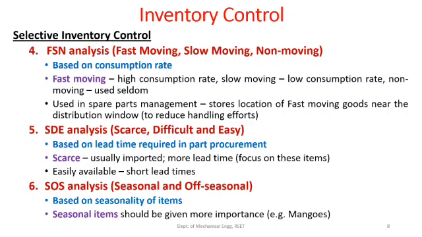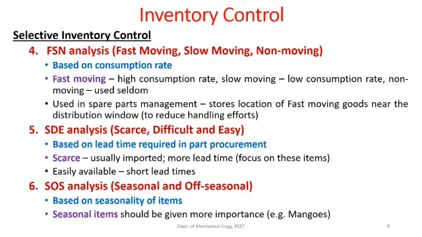So the next selective inventory control technique is SDE analysis, which classifies items into three categories: S, D, E, that is scarce, difficult and easy. This is purely based upon the lead time required in part procurement, or basically the difficulty in procurement of that particular part. The higher the difficulty in procuring a part, generally the larger the lead time for its procurement.